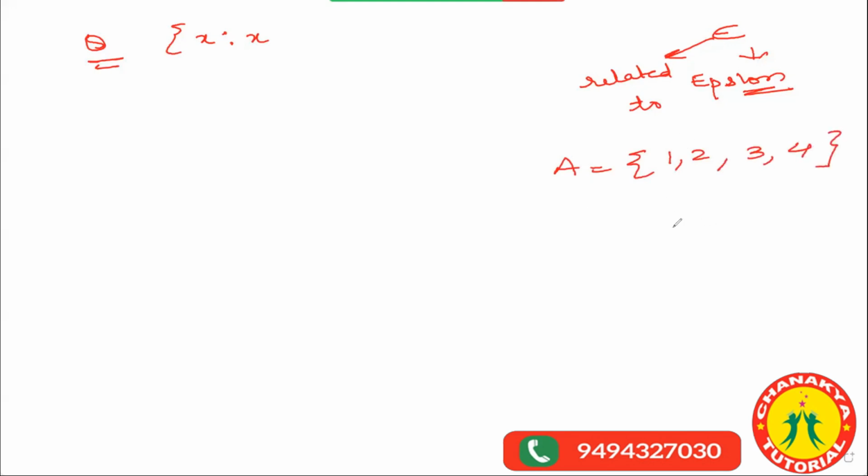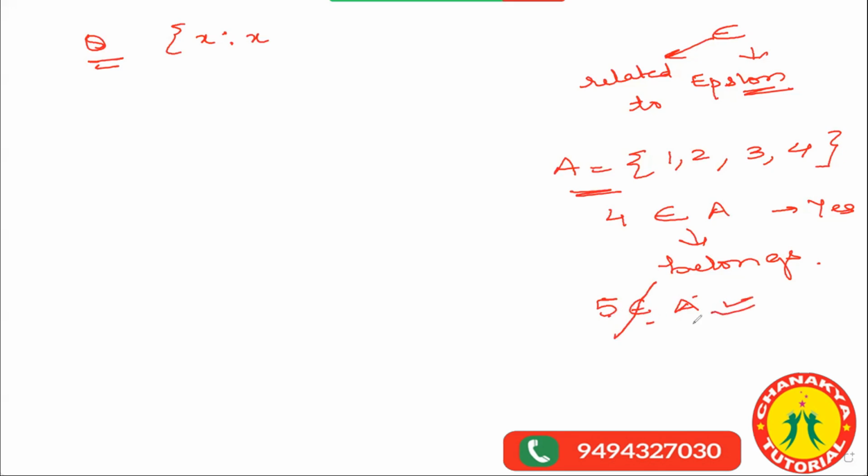If I'm asking whether 4 belongs to A or not, 4 is related to this set A, yes, it belongs. So this symbol means belongs to. And does 5 belong to A or not? No, so you will cross that symbol like this: 5 does not belong to A.